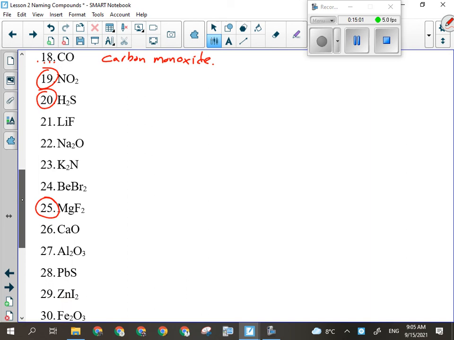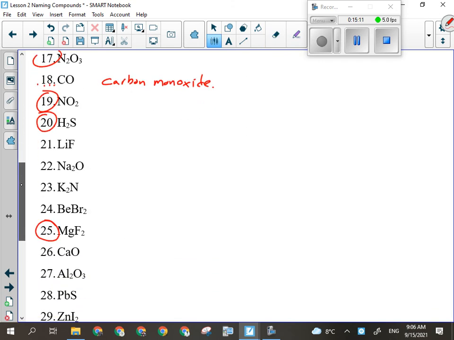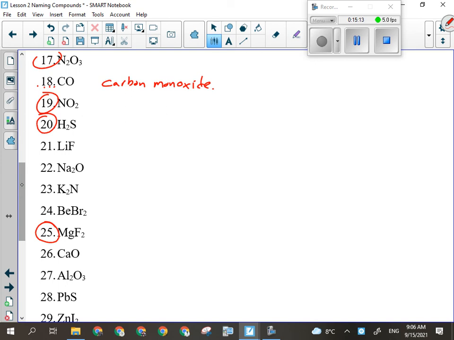What's with Roman numerals? Oh, they're all down here. Okay, forget that I circled this one and this one. I need to go further down so I can get some that have Roman numerals. That one. Okay, I want the names for those circled compounds.